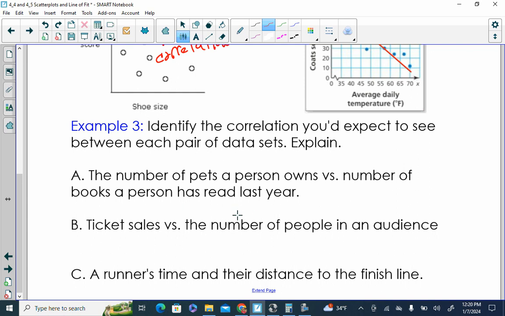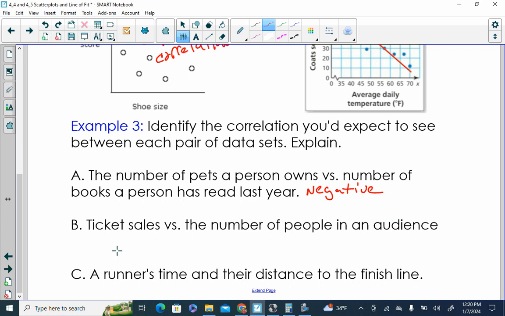Well, when you think about it, the more pets that you have, the less time for reading you would have. So there would probably be a negative correlation, right? Because as your x values increase, the number of books that you read would decrease. So this would be a negative correlation.